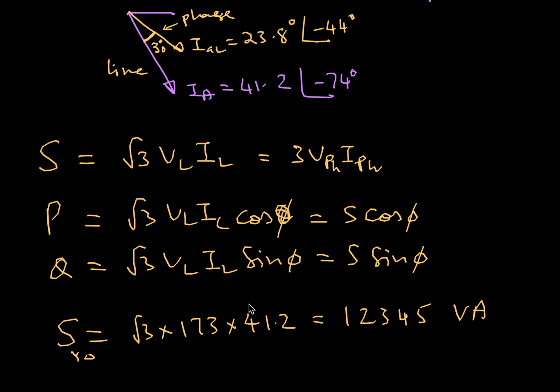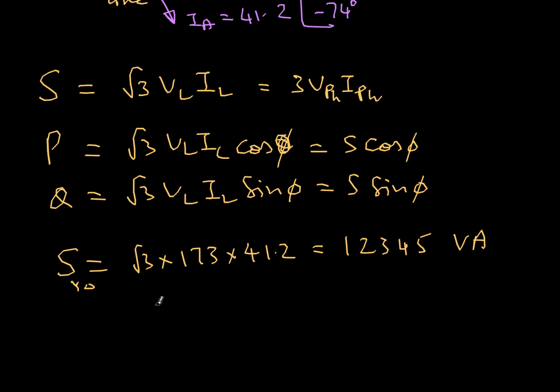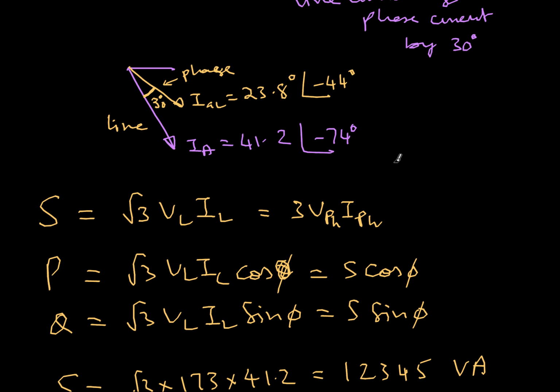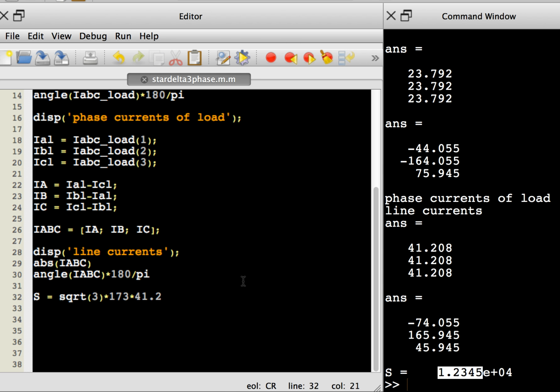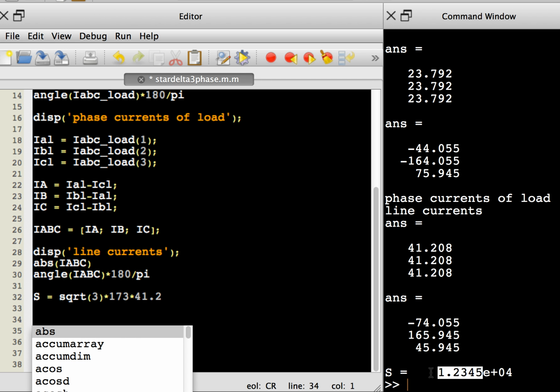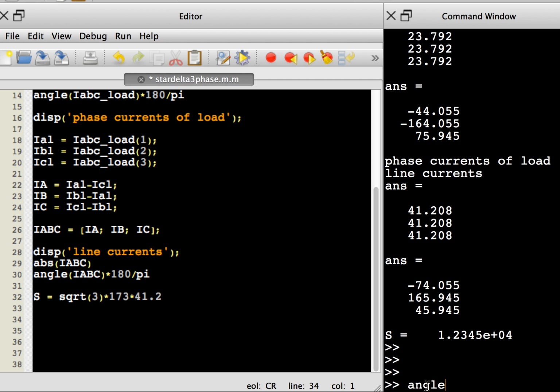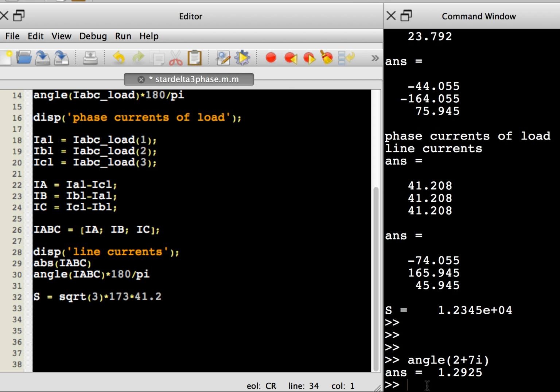Now if I want to know active power, this is a complex power, so the phase is nothing but the angle of the impedance. Here, I think it is 74 degrees? Let me just use my prompt here: angle of 2 plus 7i into 180 by pi.